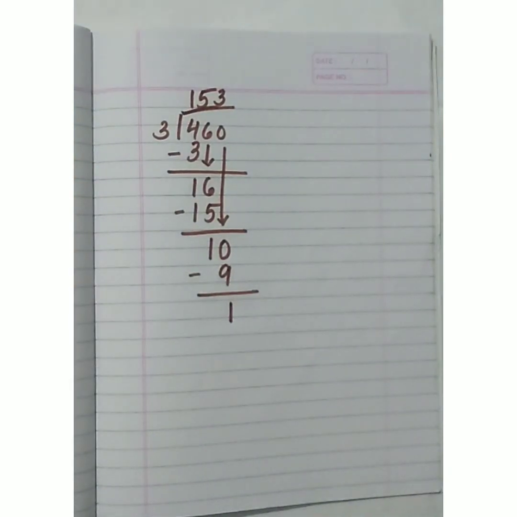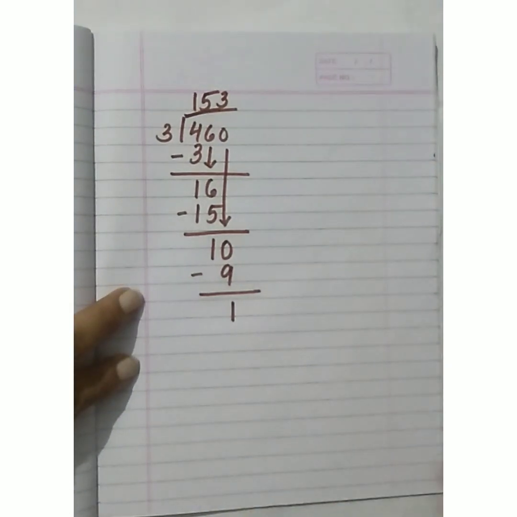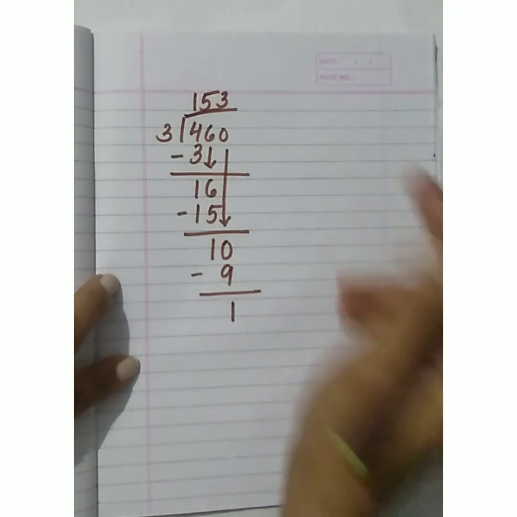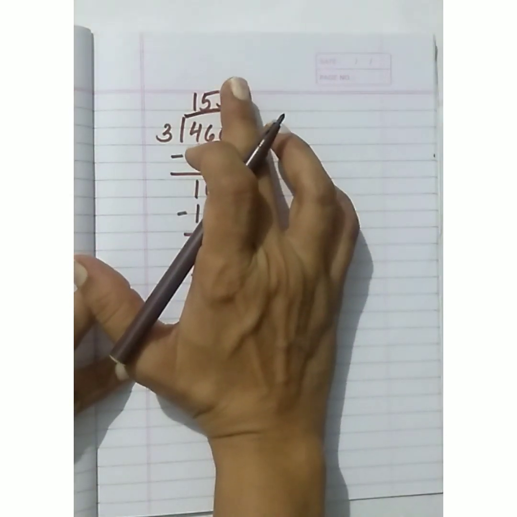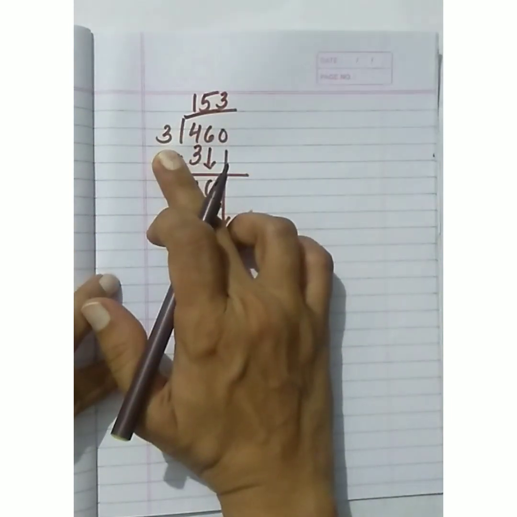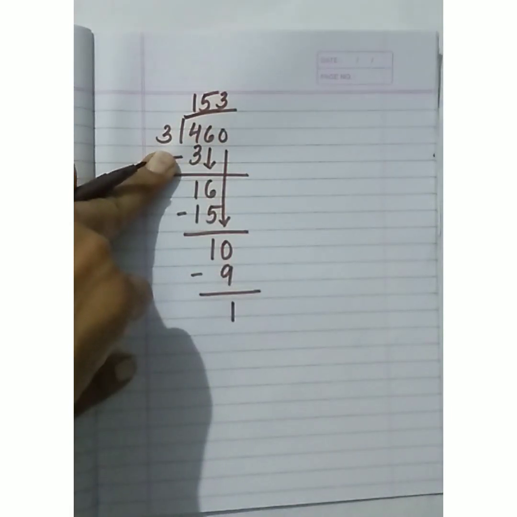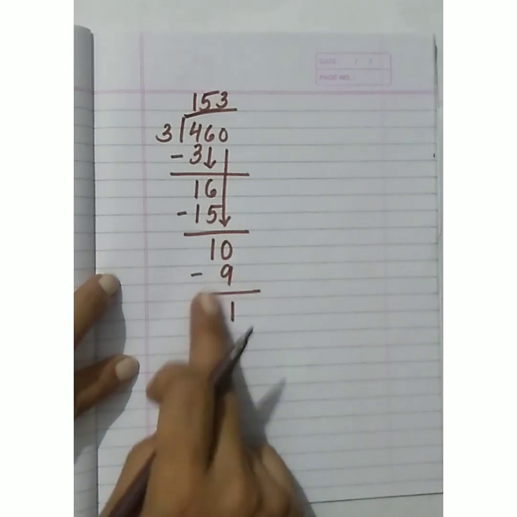Now, dear students, do you remember how we can check whether our answer we received is correct or not? Can we try over here? Let's do it. We will check it. What was our method? Checking answer. We multiply our quotient with our divisor and then we add our remainder.